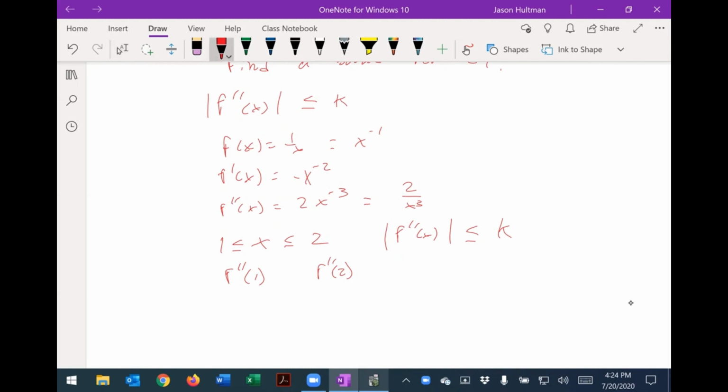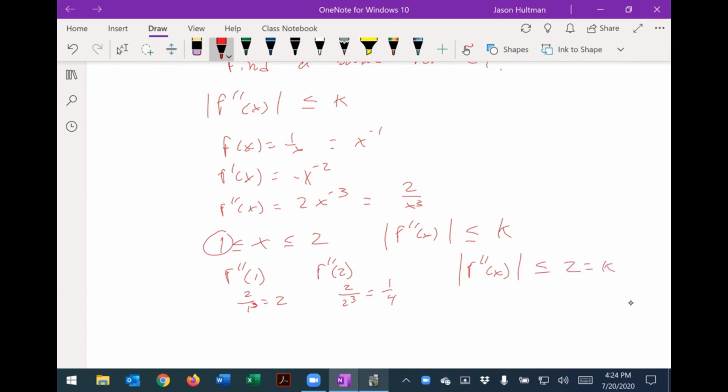If I evaluate f double prime of 1, I get 2 over 1 cubed, which is 2. And if I take f double prime of 2, I get 2 over 2 cubed, which is 1/4. So which one's bigger? It's the one that involves the 1. So we know that f double prime of x in our region is less than or equal to 2. That's going to be equal to k.